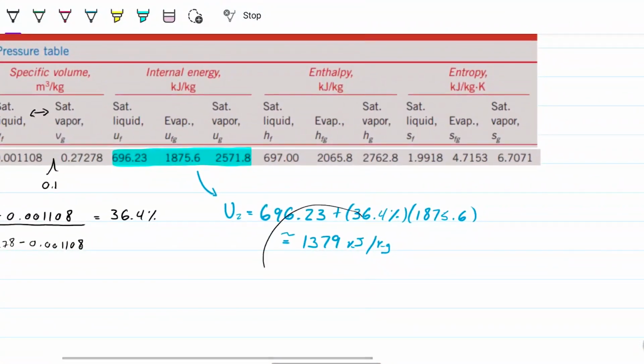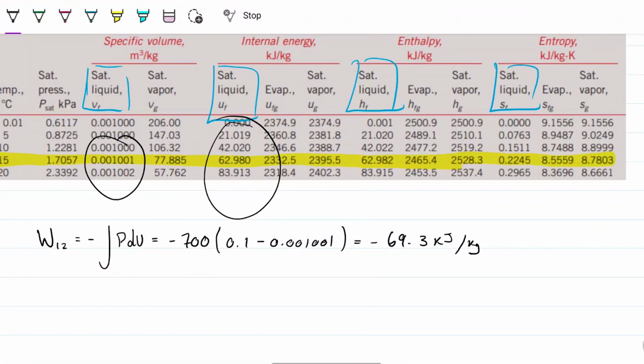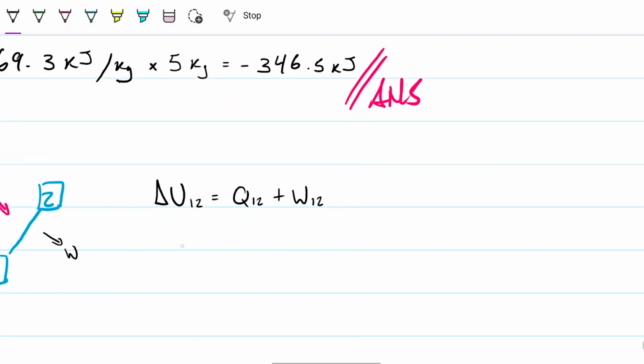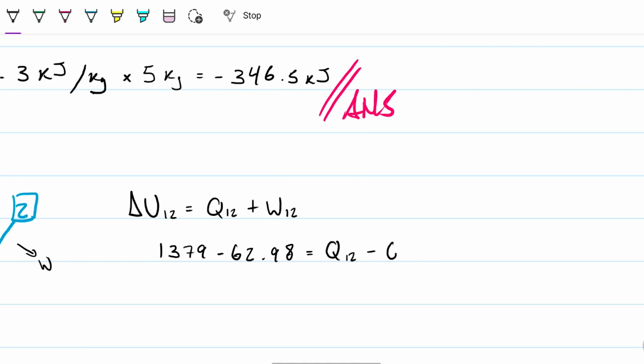State 2 is 1379, state 1, 6298. Okay. No, not 300, because it's all kilo, so it's like 69.3. It has to be 69.3 because this is in kilojoules per kilogram, right?